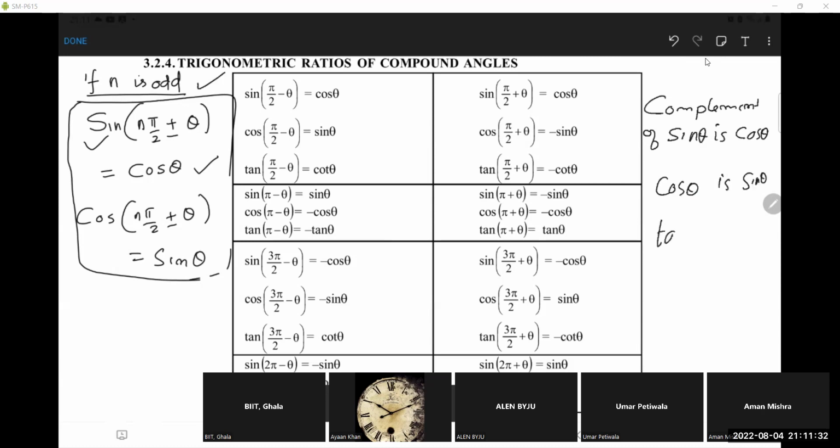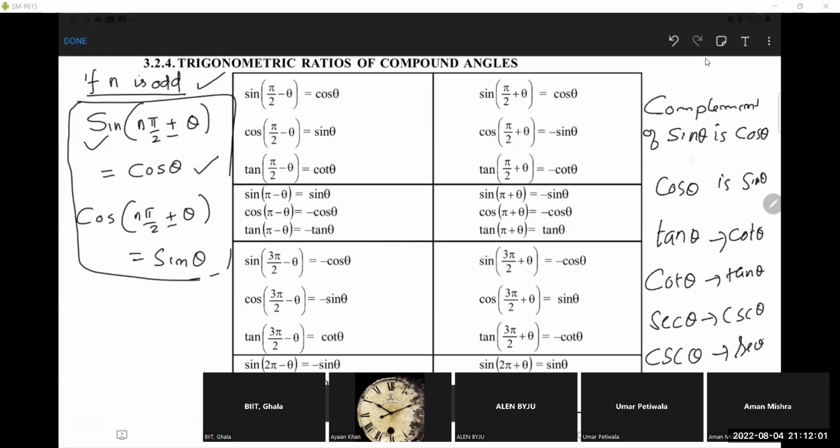Complement of tan theta is cot theta. Complement of cot theta is tan theta. Complement of sec theta is cosec theta. And complement of cosec theta is sec theta.